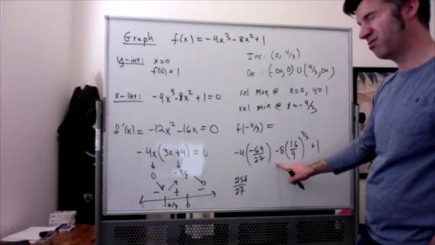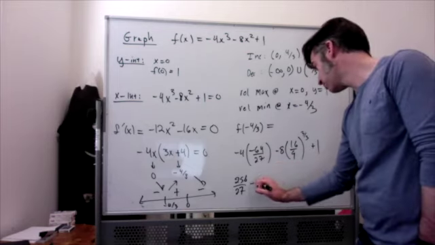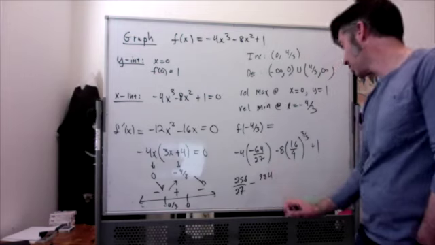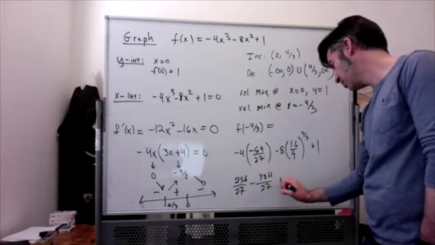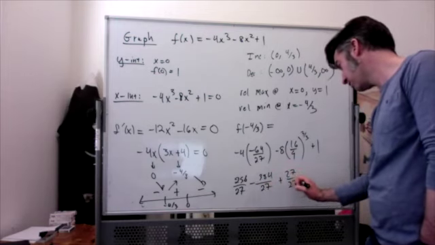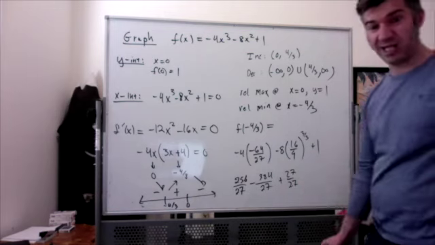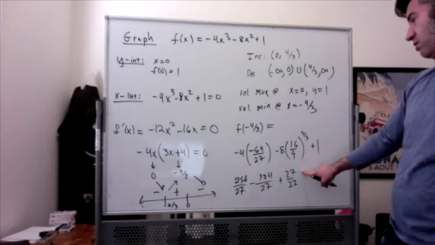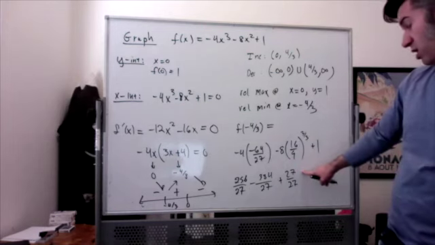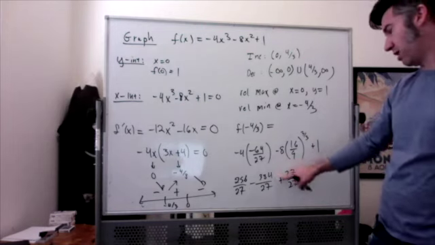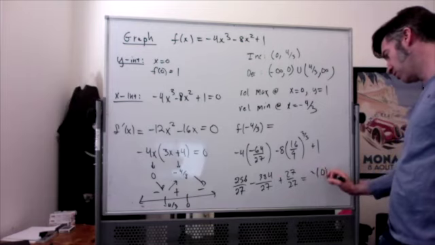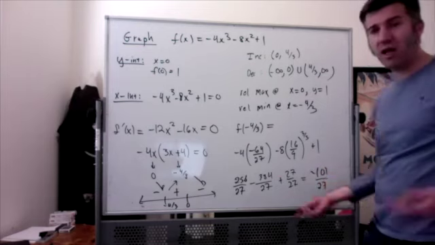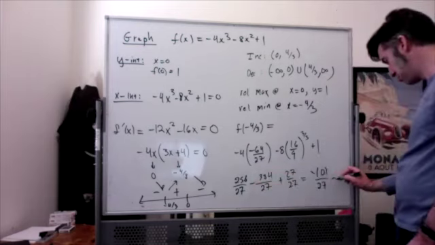Is that right? Yeah, it is. Over 27, plus 27 over 27. So this actually ends up being just slightly negative. 256 plus 27 is 283. Minus 384 gives you negative 101 over 27. So negative 4-ish. Okay, that's not really important.